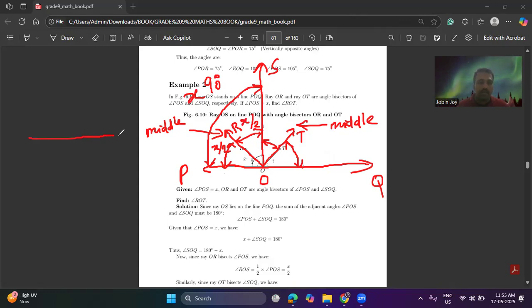ROT means this is P, this is O, this is Q, this is R, and this is T. ROT means we have to calculate this angle. First we will start with the straight line.